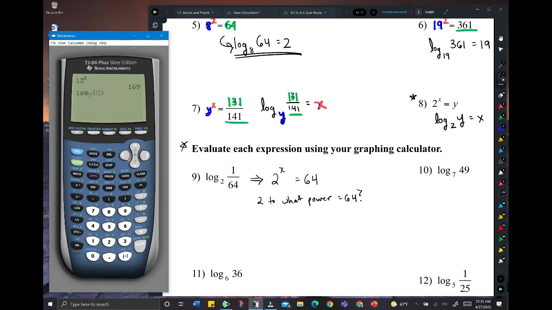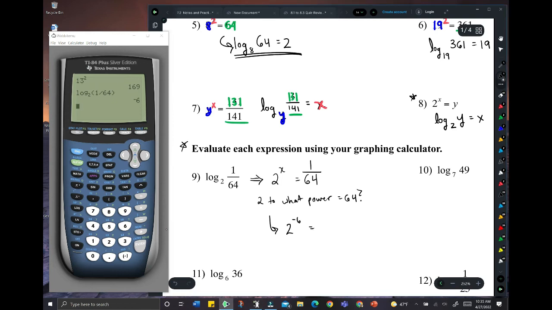So we are going to do log base, and here we'll be able to fill it in. We have 2, and we're going to do 1 divided by 64. You hit enter, and you're going to get -6. So essentially, 2 to the -6 is equal to 1 over 64. The main answer is -6.